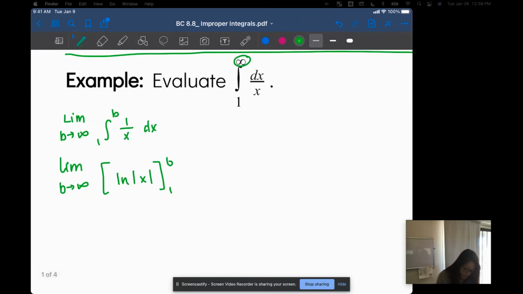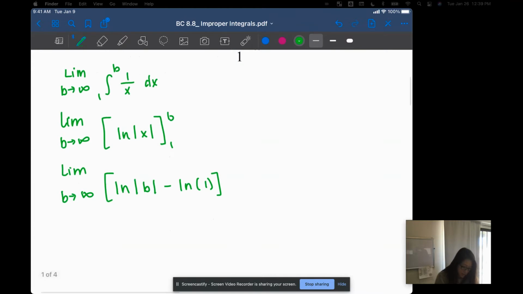I substitute in my bounds: the limit as b goes to infinity of the ln of the absolute value of b minus the ln of 1. I can drop the absolute value because 1 is positive. ln of 1 is 0, so I get the limit as b approaches infinity of the ln of b.